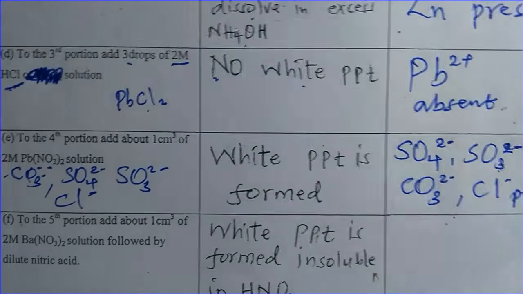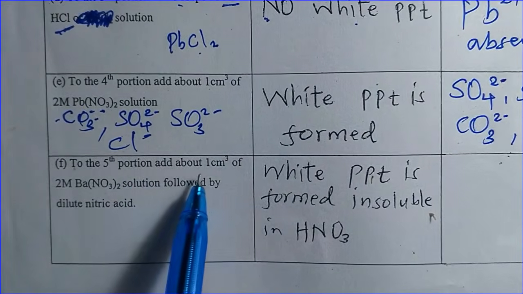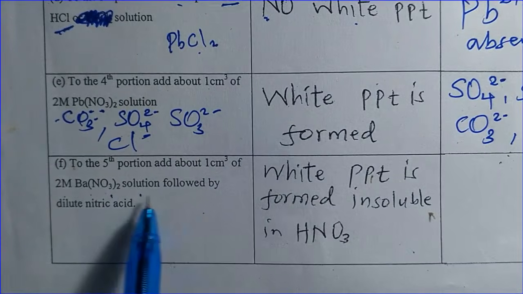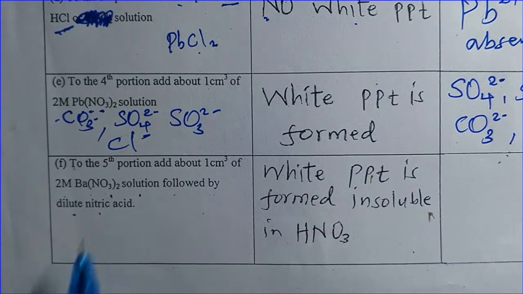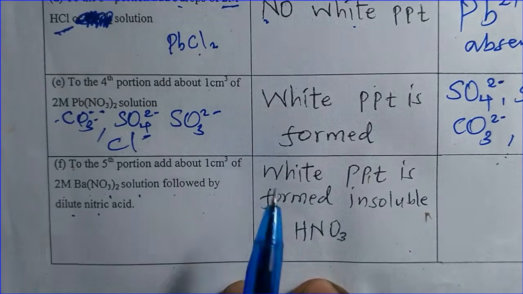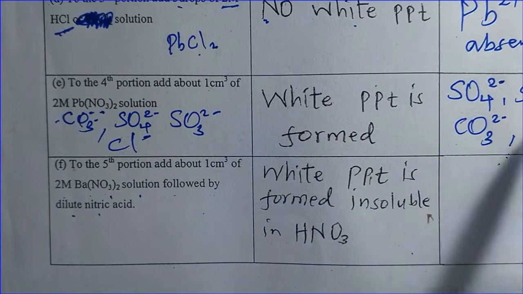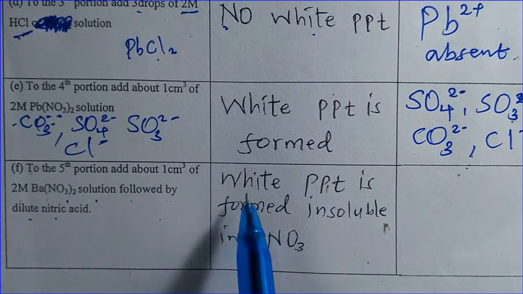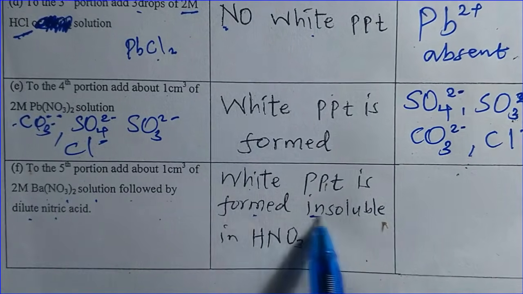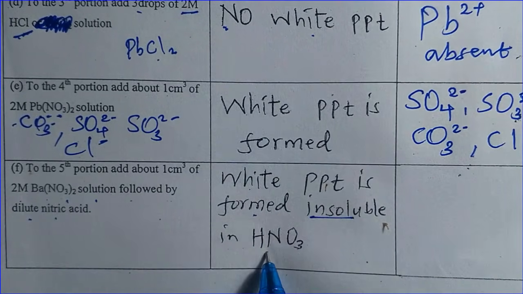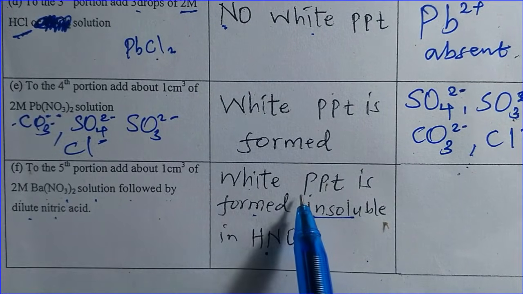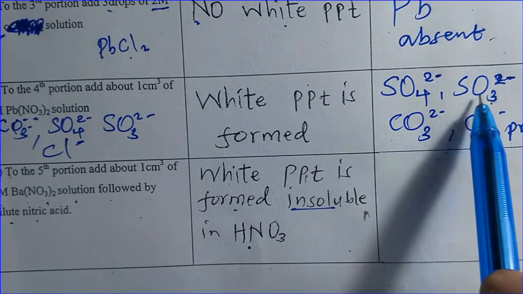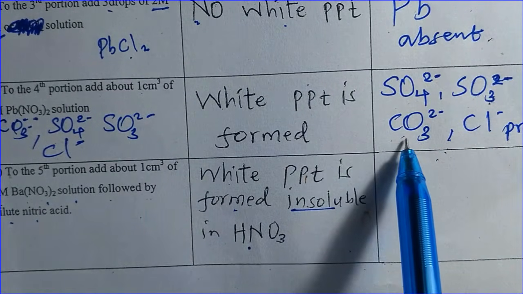To the fifth portion, add 1 cubic centimeter of 2 molar barium nitrate followed by dilute nitric acid. This is supposed to help us distinguish and eliminate some of the anions present. A white precipitate is formed which is insoluble in the acid. If a white precipitate is formed and, on adding nitric acid, it dissolves to form a colorless solution, it means the sulfite and the carbonate are present.